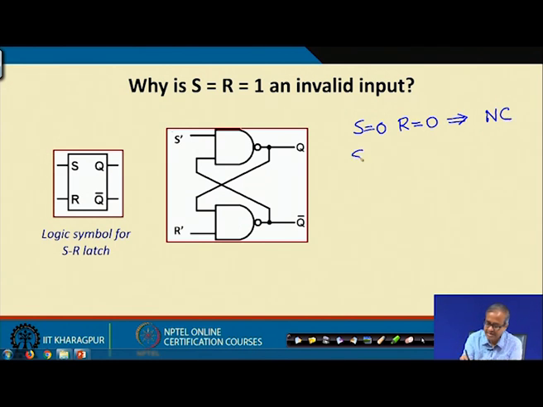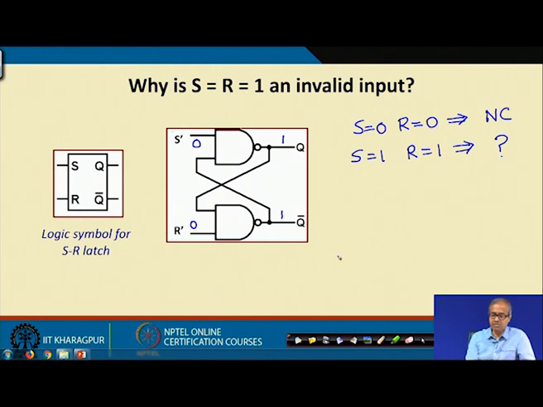And we are saying that S equal to 1 and R equal to 1 is an invalid combination, we should not apply, right. Now, let us see what will happen if I apply S equal to 1 R equal to 1 here. S equal to 1 means S bar is 0, R equal to 1 means R bar is 0. So, because both the gate inputs are 0, both the outputs will be forced to become 1.